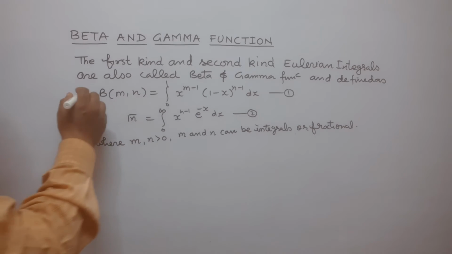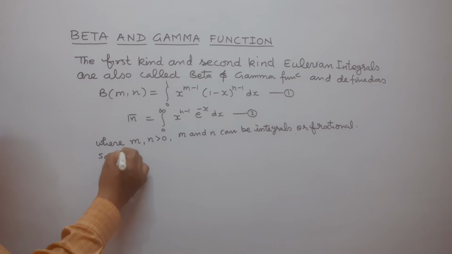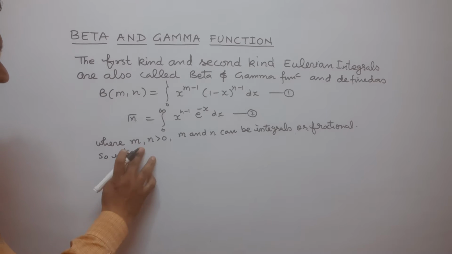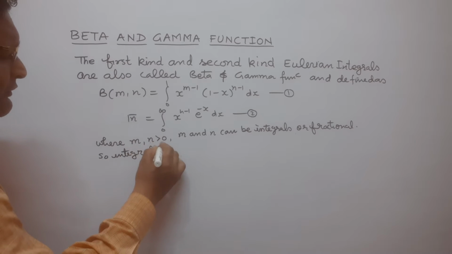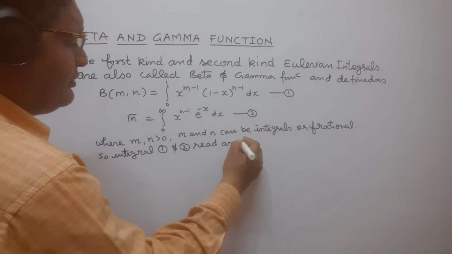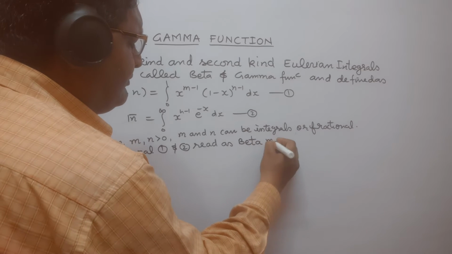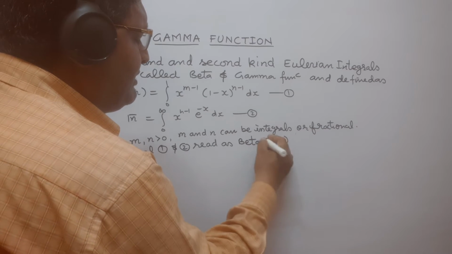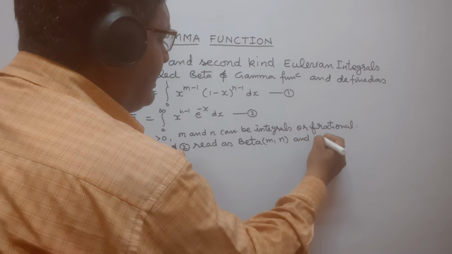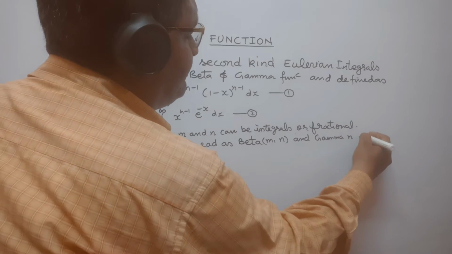So integrals 1 and 2 are read as beta m, n and gamma n respectively.